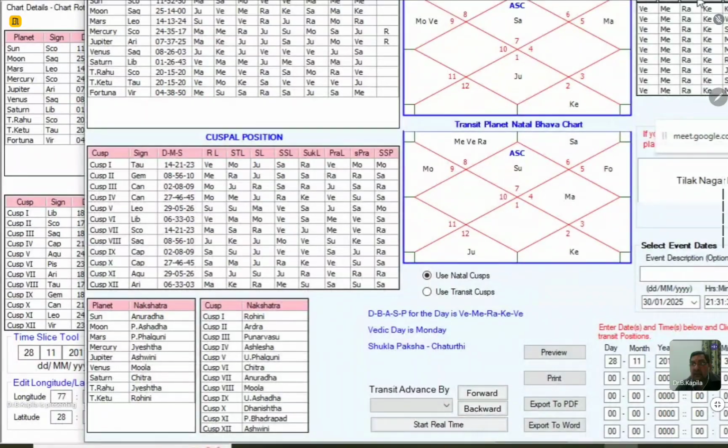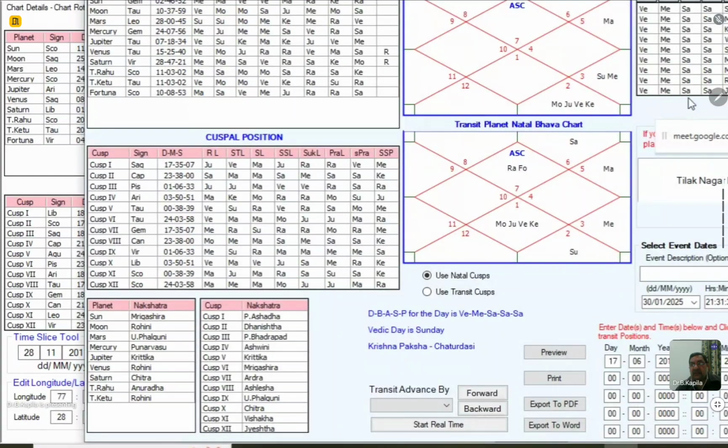Expecting 7 months. So if I add that, then Saturn antara starts from 17/6/2012. So I'll put this date, 17/6/2012, and the timing is 2020.